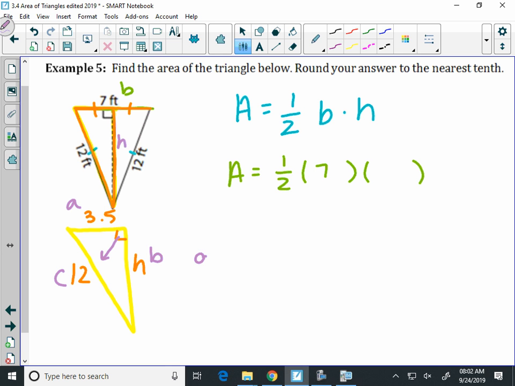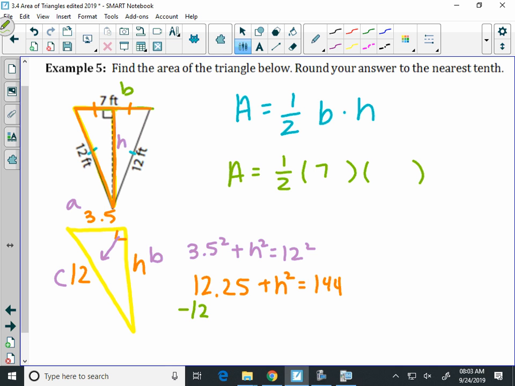Then plug it into the Pythagorean theorem. We're going to do A squared, which is 3.5, plus B squared, which is my H, equals C squared, which is 12. What is 3.5 squared? Don't round, keep it as the decimal. 12.25. Yes, don't round that to 12.3. Keep it as 12.25. Keep it accurate. And then we said 12 squared on the last one was 144.